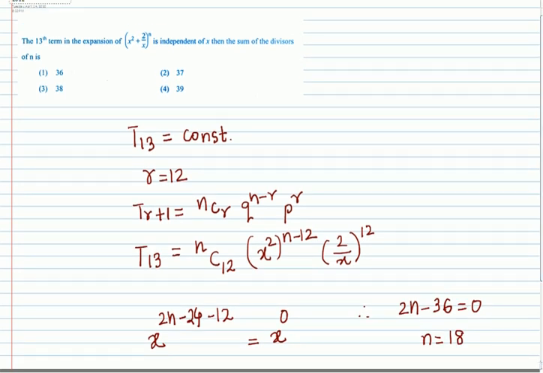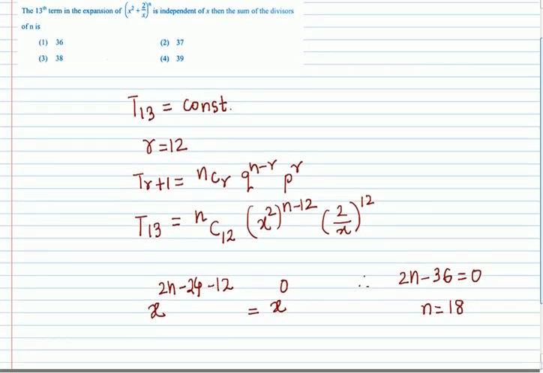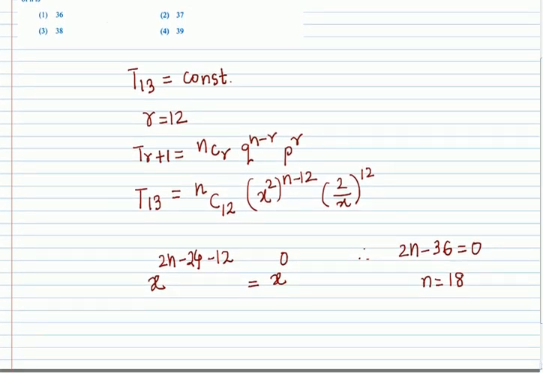Okay, so the question is find the sum of the divisors of n. So let us understand what are the divisors of 18. Divisors of 18 are nothing but divisible by 1, divisible by 2, divisible by 3, divisible by 6, divisible by 9 and divisible by 18.